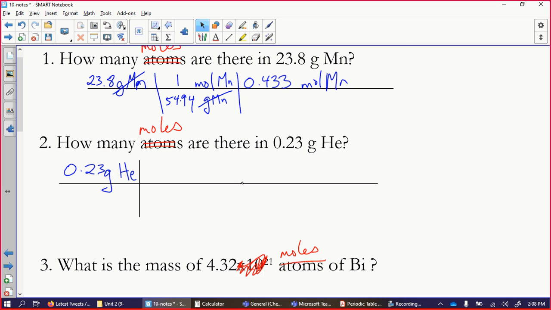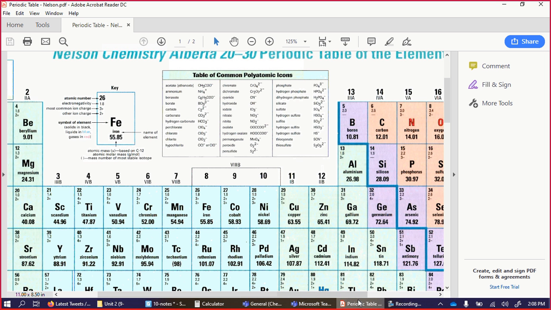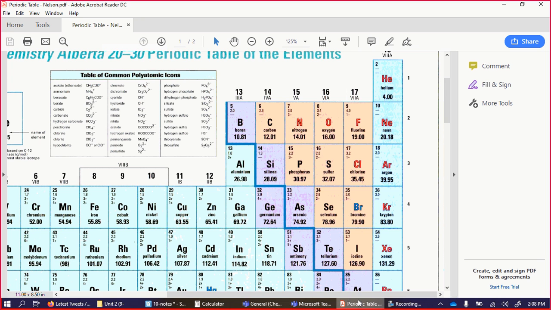We can't make helium because it's an atom. If we use all of it for balloons to make people happy, we're going to run out of it for things like MRI machines, CAT scans, and things that actually need helium. Sorry, I'm ranting. Helium, I think, is 4. Yeah, 4.00.